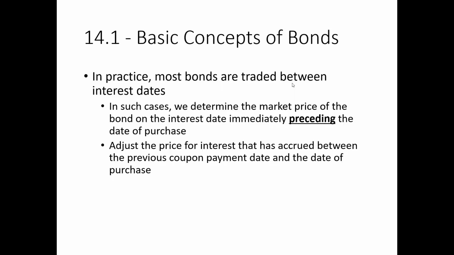Accrues means interest becomes owed but not yet paid. Okay? Because you loaned somebody some money between the last coupon payment and some other date, you, as the potential seller or the bondholder, want interest on that, right? You're owed that interest. Just because it hasn't been paid to you doesn't mean it's not owed.